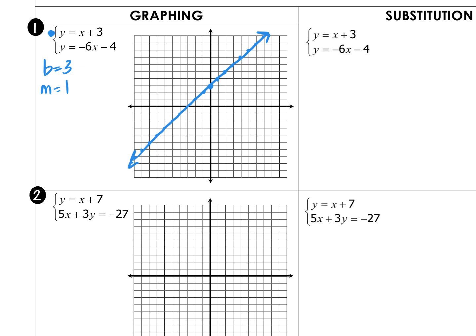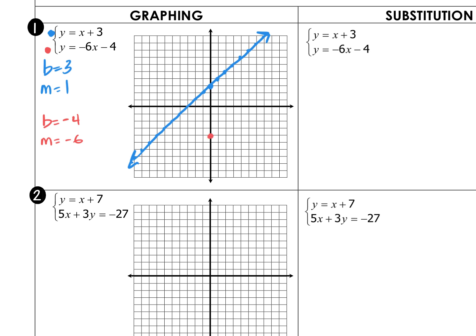Okay, now let's look at the bottom one. Did you get that line graphed? Okay, so let's look at the bottom one. What is the y-intercept? And what is the slope? -6/1. So I'm going to go to -4.